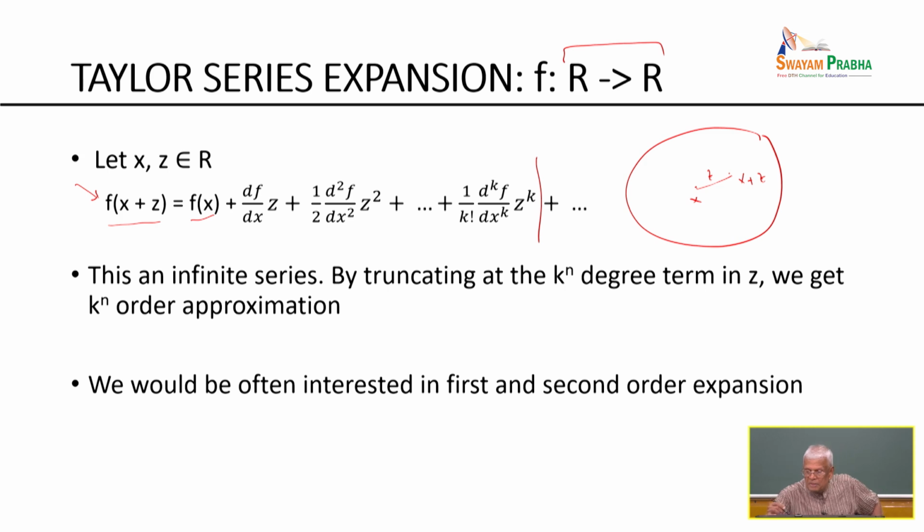I am trying to estimate the value of the function at a neighborhood point given the value of the function and all of its derivatives at x. I am assuming I know the first derivative, second derivative, kth derivative, and the value of the function. Then I can approximate the value of the function in a small neighborhood around x.